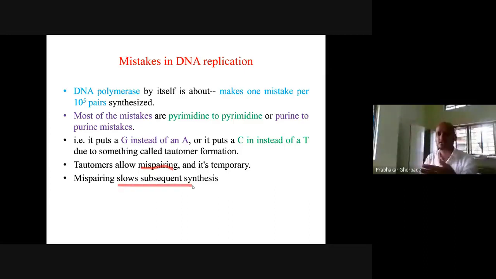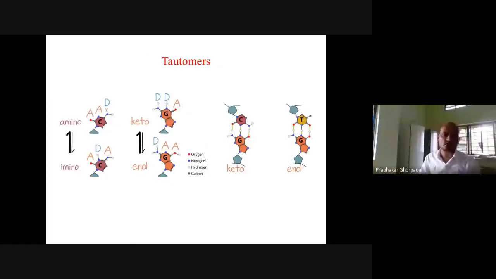This tautomer is a phenomenon in DNA in which you want to insert, for example, G, but you are inserting A, or you want to insert C, but you are inserting T. In that case, that is a mistake, and the mistake is happening because of this tautomer formation. So this is a tautomer.